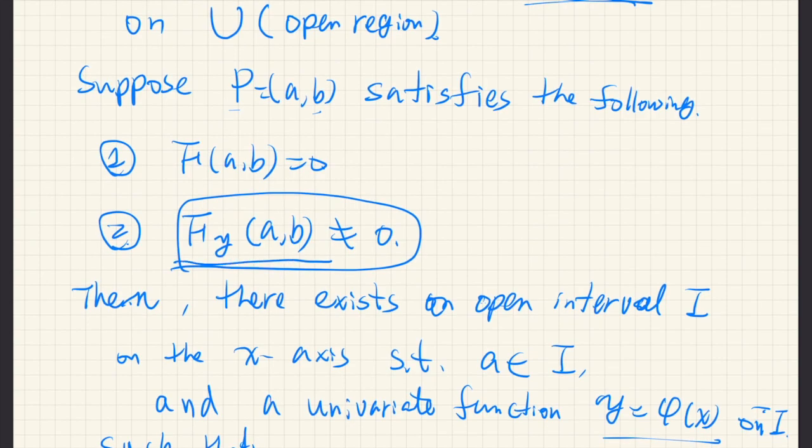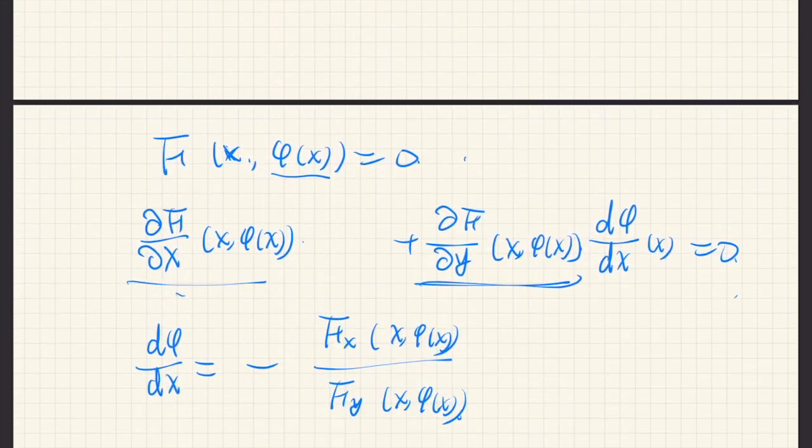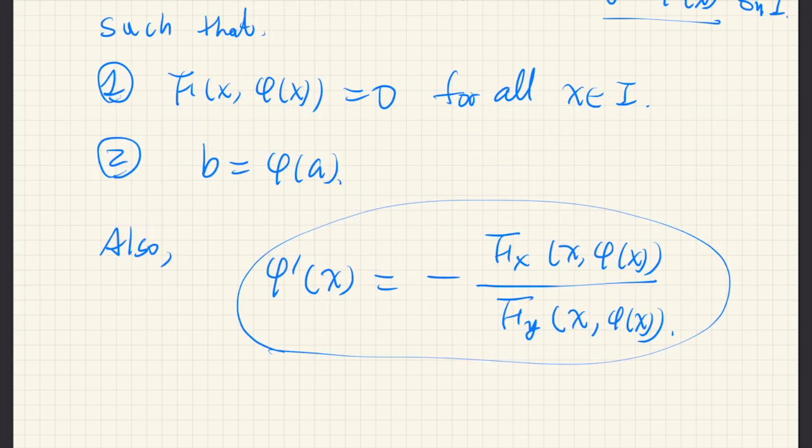Okay, and since this partial derivative at (a, b) is non-zero, then if we choose an open interval that is small enough around the point (a, b), then within this interval, this partial derivative is also non-zero. Okay, I mean, we are actually choosing this interval so that this is non-zero within that interval. Therefore, this equality holds.